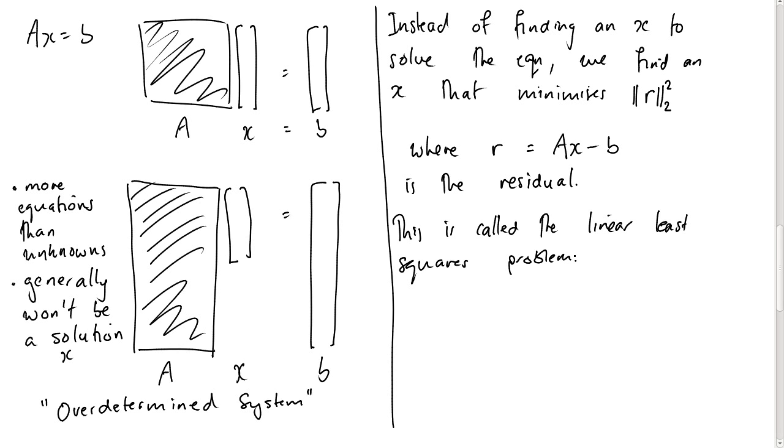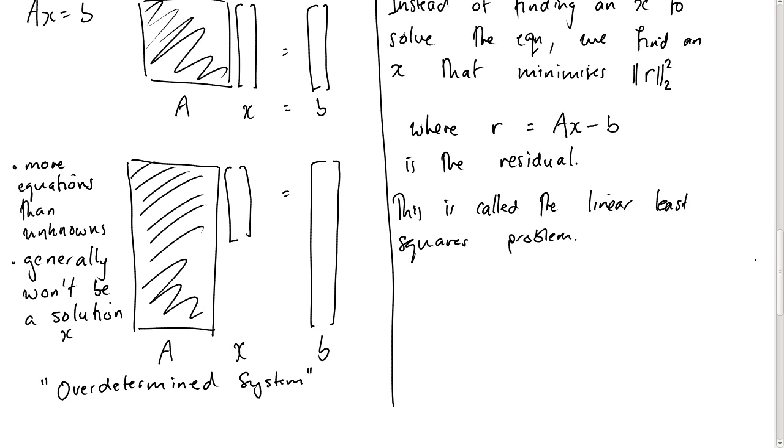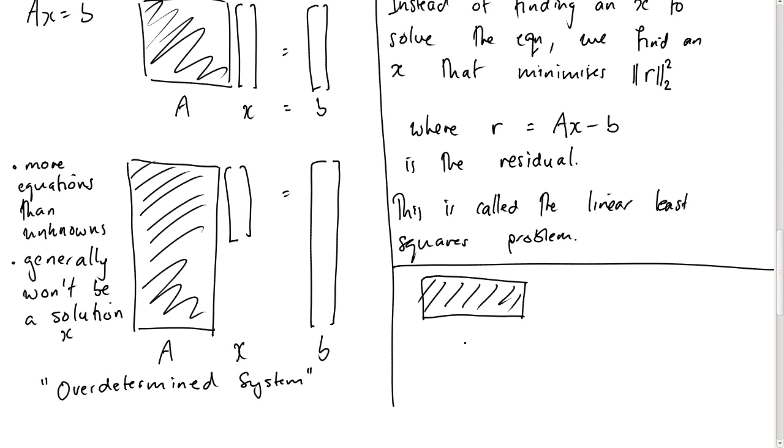Now the other one is when we've got the opposite problem. Let's say instead of having too many equations, we don't have enough. So now we've got an A that looks like this. Our x is going to be like that, and our b will be small.